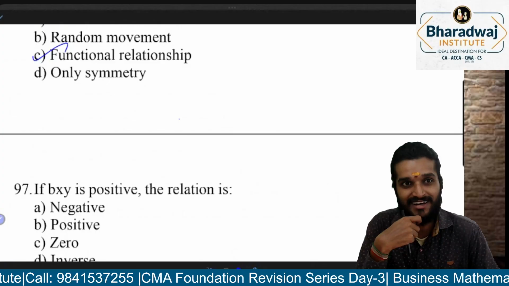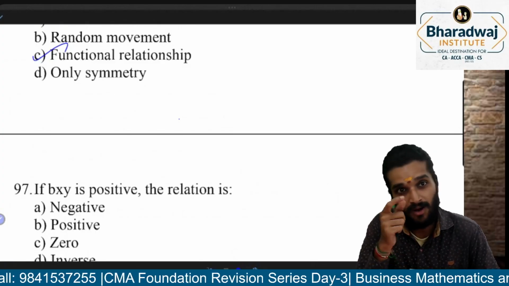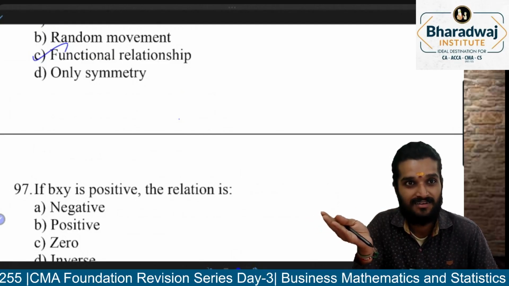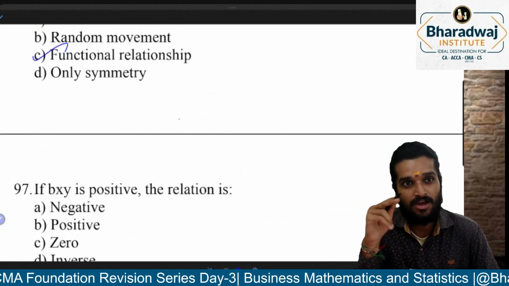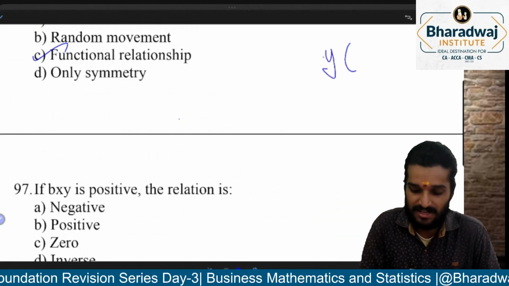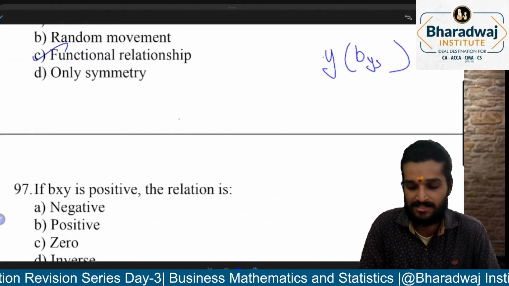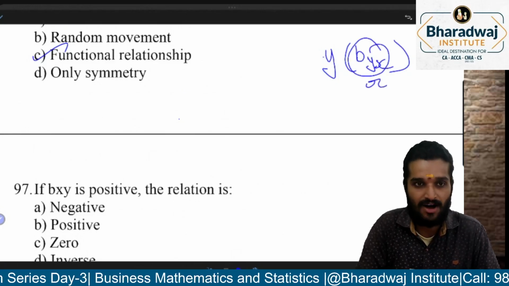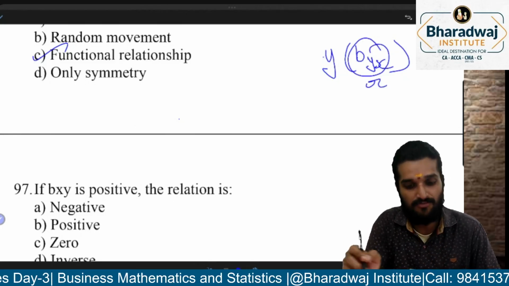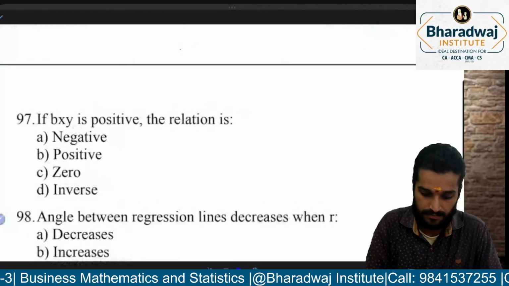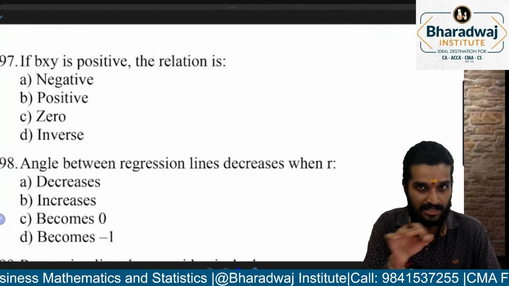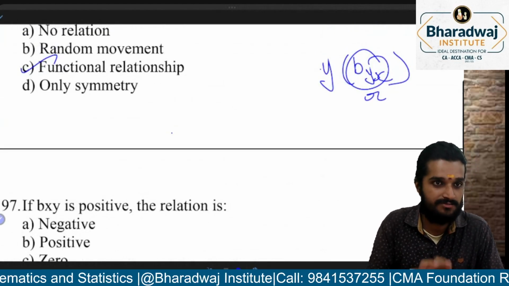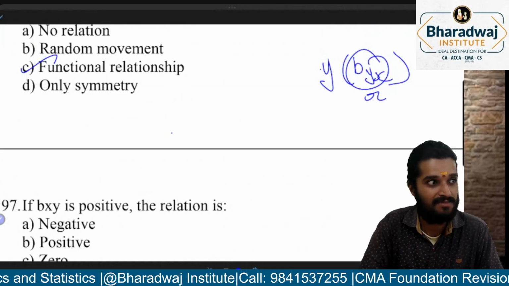Bxy or Byx, and the other output function here is x. The regression line itself is a function here. Y of something that depends on Byx. So Byx itself is a function. We will be writing it with the help of r. So that's why it's a function of function, a functional relationship. I am not giving you the exact term of functional, but for understanding I am telling it. The term functional itself is a higher mathematics concept.